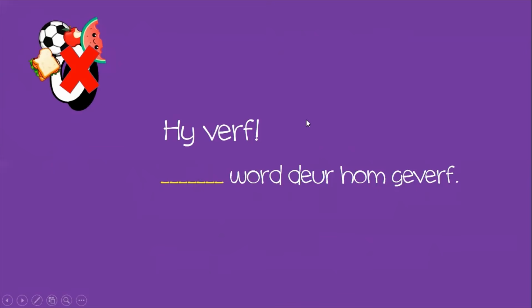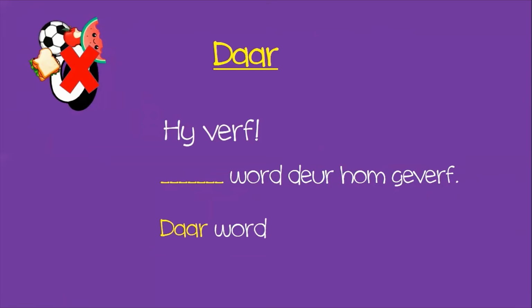But now we don't know. We do not have an object. So it's like math. We are going to have a little placeholder. We are going to put daar in. So when we do not have an object, so we do not know what to start with, we are going to start with daar. Daar word deur hom geverf.